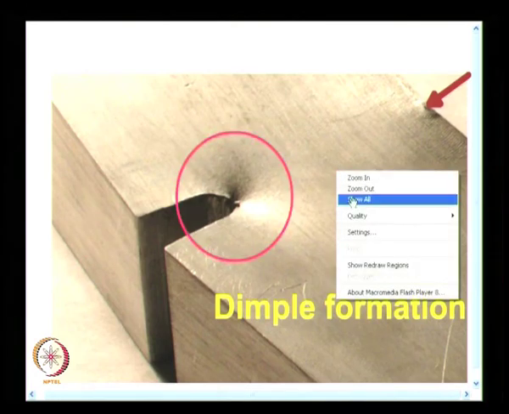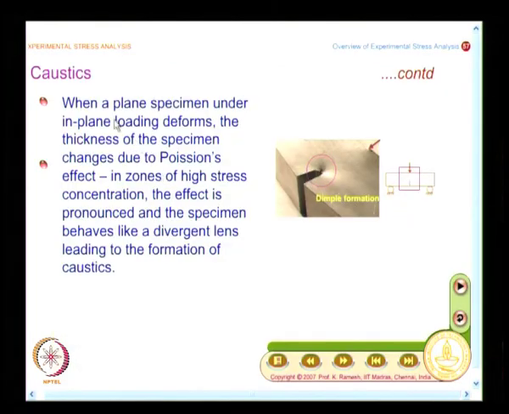So what you find here is that when a plane specimen under in-plane loading deforms, the thickness of the specimen changes due to Poisson's effect. If I do not have a crack, I would not see the change in thickness very prominently. Because of the crack, which introduces high stress concentration, the change in thickness is also very significant, and that is seen as a dimple.